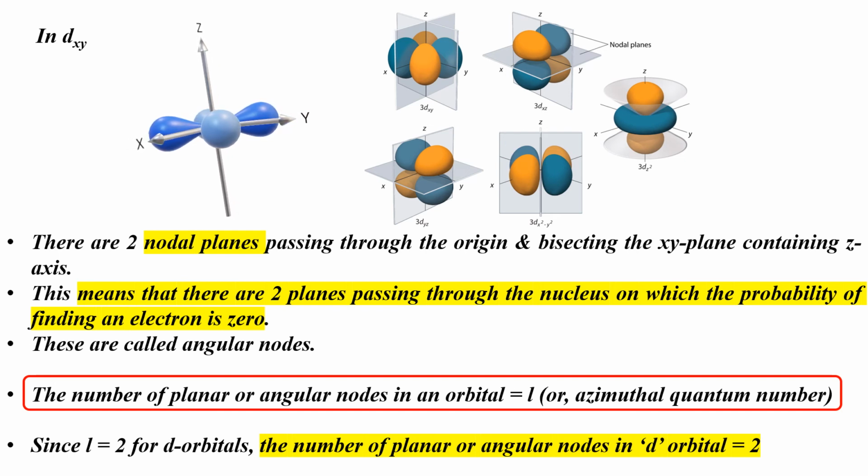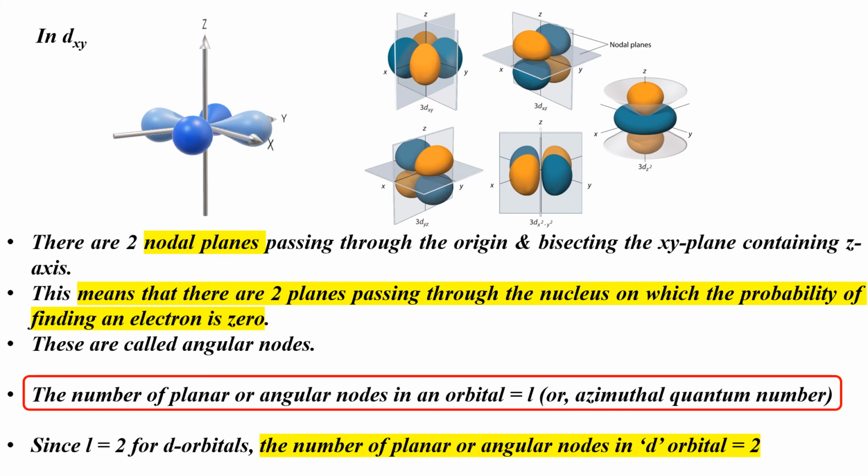Now look at the 3D dxy orbital shown in the adjacent picture. You can see that there are two nodal planes passing through the origin. You have two planes passing through the origin and bisecting the xy plane, containing the z-axis. This means that there are two planes passing through the nucleus on which the probability of finding an electron is 0.